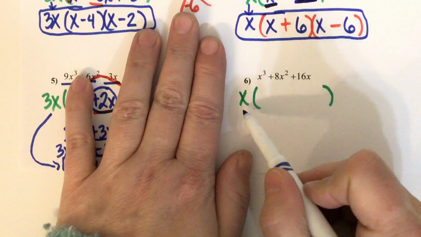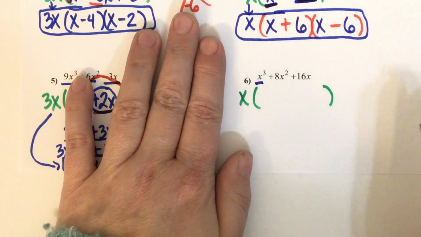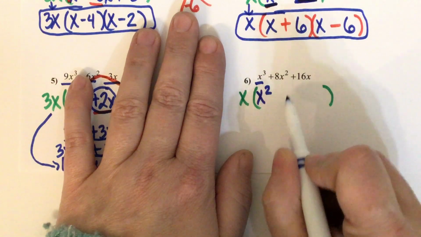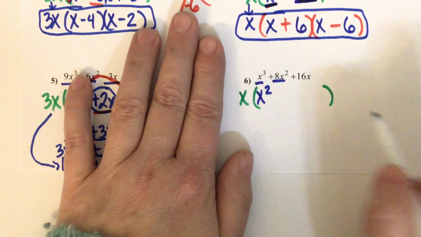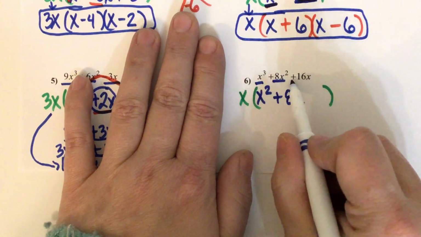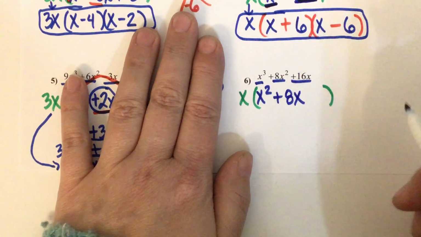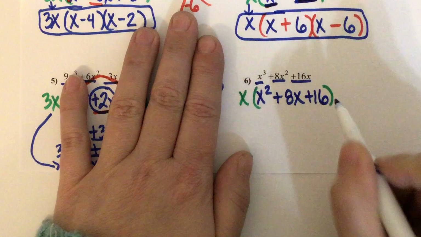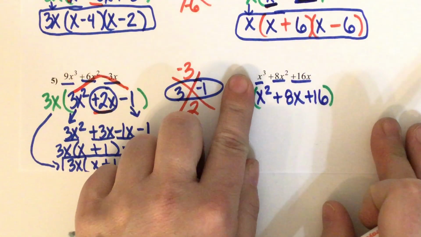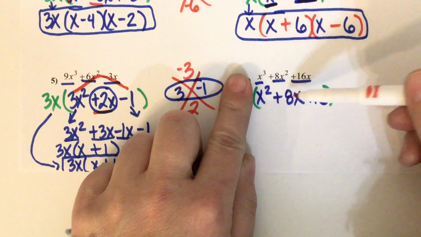So, x times what is x cubed? X squared. X times what is 8x squared? 8x. And x times what is 16x? 16. Okay, let's cover that GCF up. Inside, I've got 3 terms, 1, 2, 3.